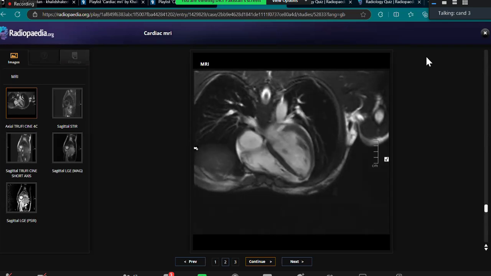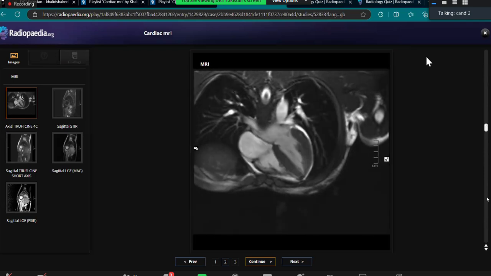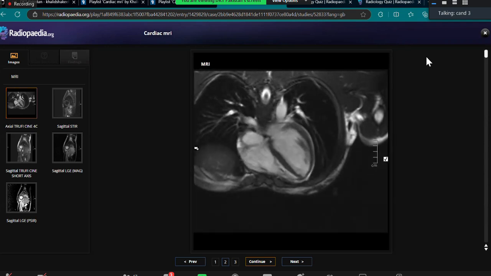There is slight thinning at the apex. On cine imaging, I can see there is a thinning of the apex. The right chamber appears normal to me, so I will need further short axis views.